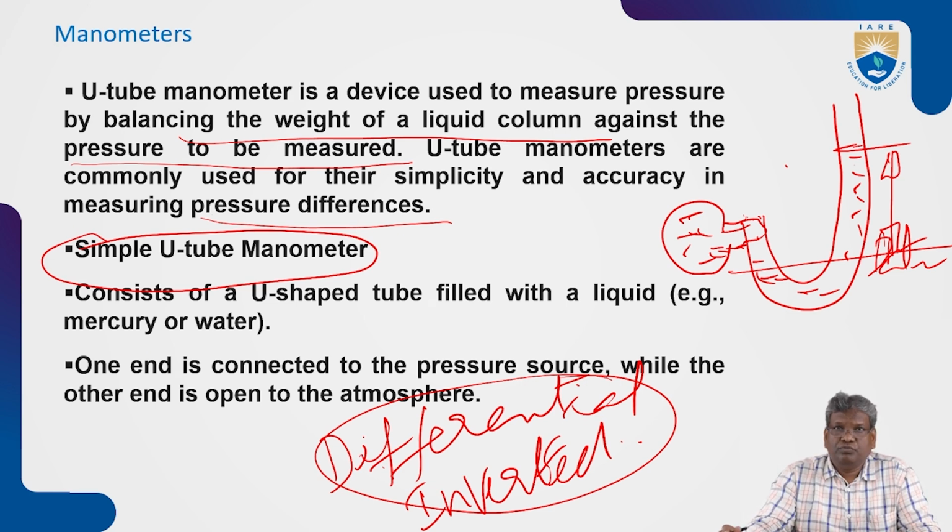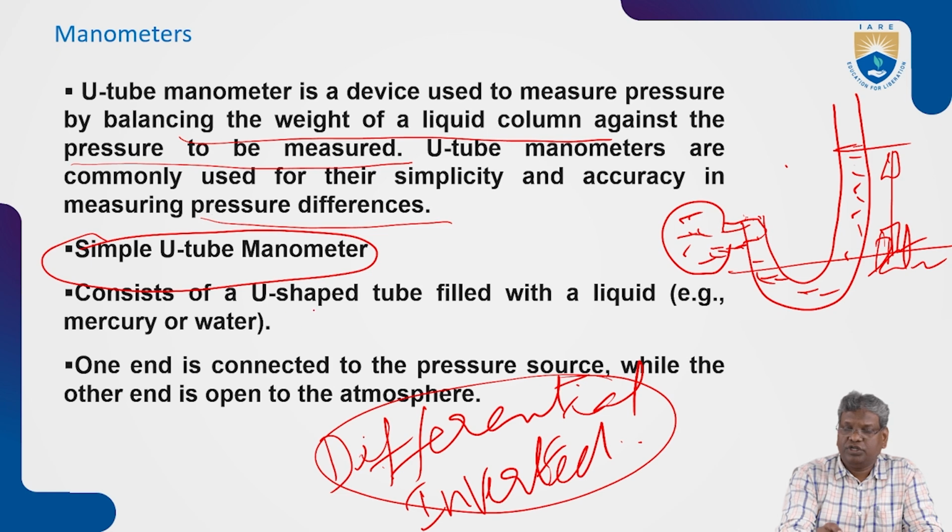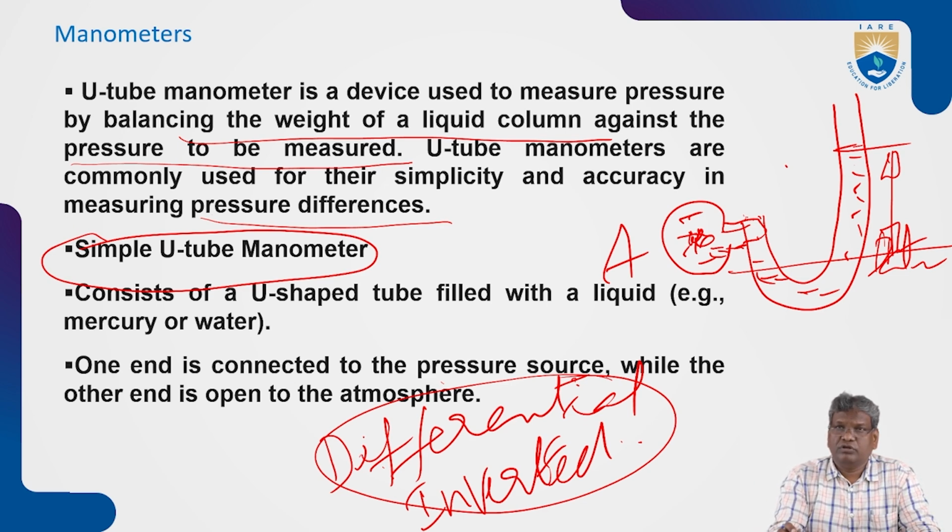A simple U-tube manometer consists of a U-shaped tube filled with a liquid, which may be mercury, water or some other oil. One end is connected to the pressure source where we want to measure the pressure, say at point A. The other end is open to the atmosphere.